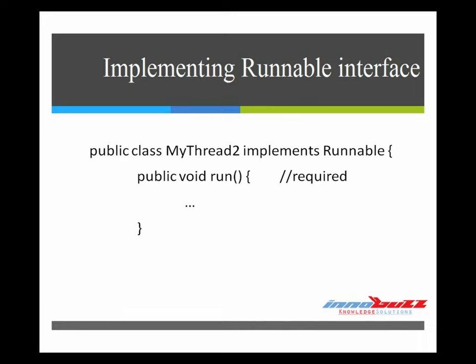But the run method cannot have any arguments because this is the signature in the Runnable interface. Write the other program parts that we want, and that's it. In this class, we need to declare a variable with a type of Thread for using thread methods, but our class can still extend other classes.